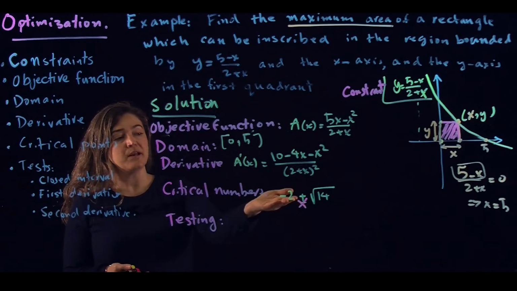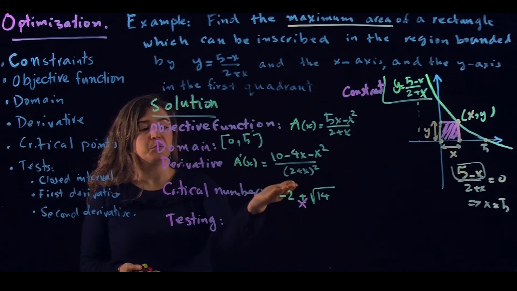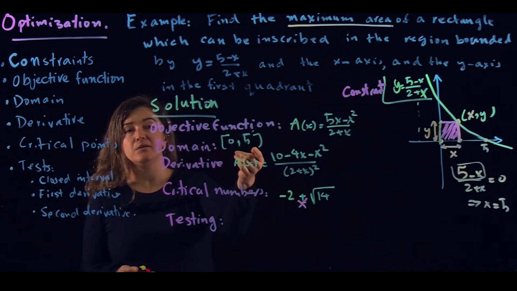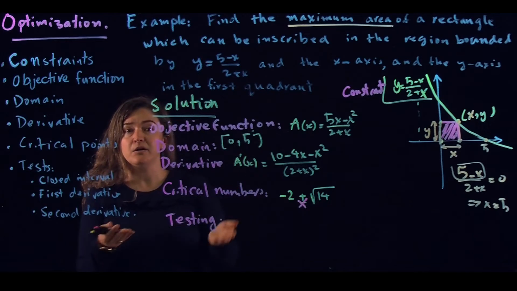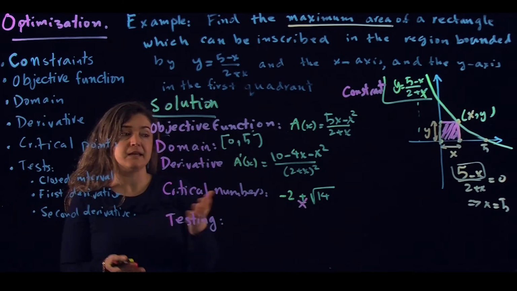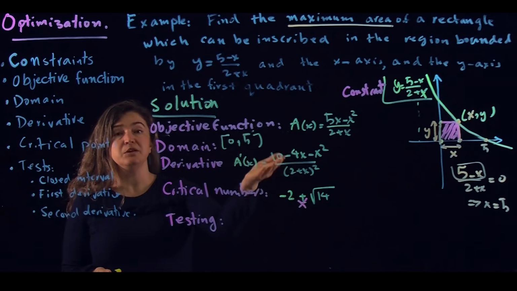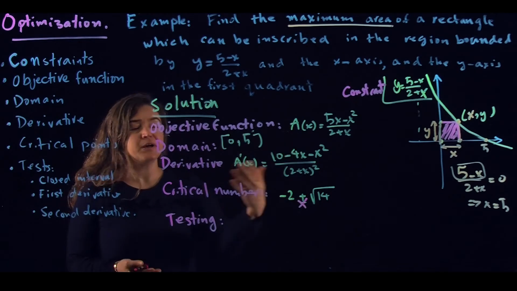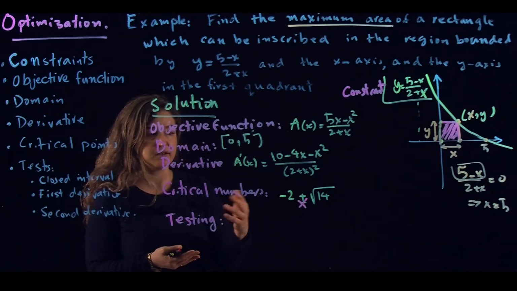This specific one actually can work with the closed interval method because if you plug in this value and either of the endpoints in the objective function, they are very distinct, and you will see that would be giving you the maximum. But still, I want to try the first derivative test on this one.